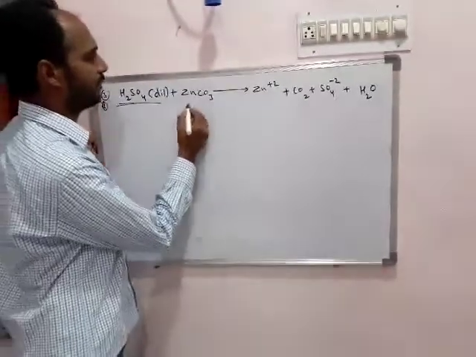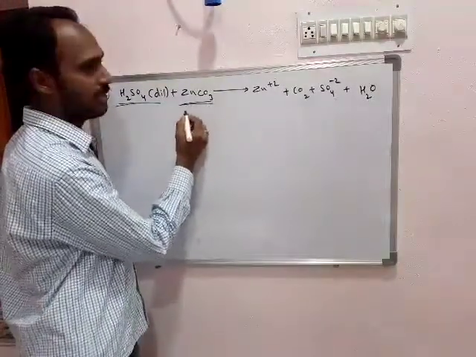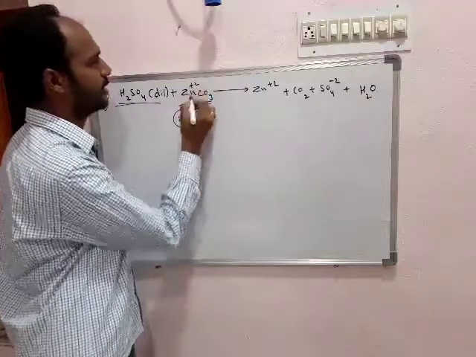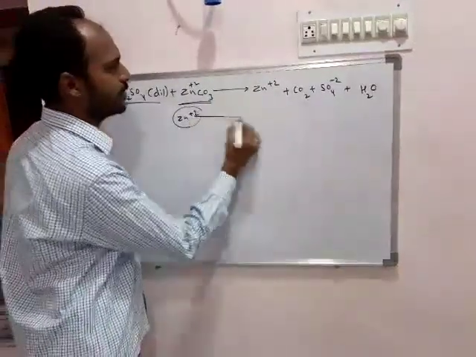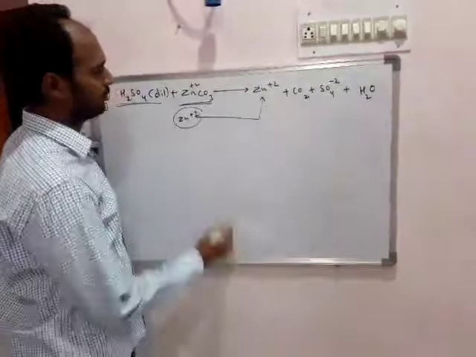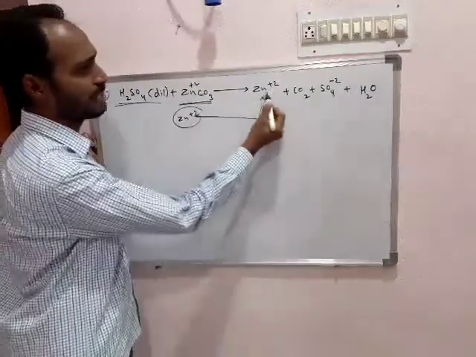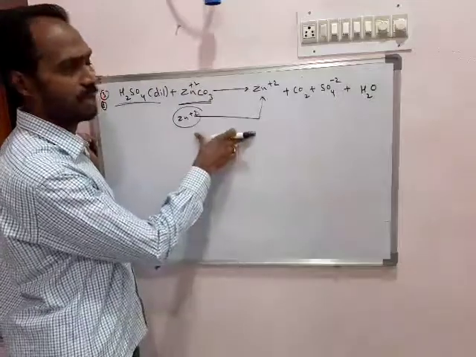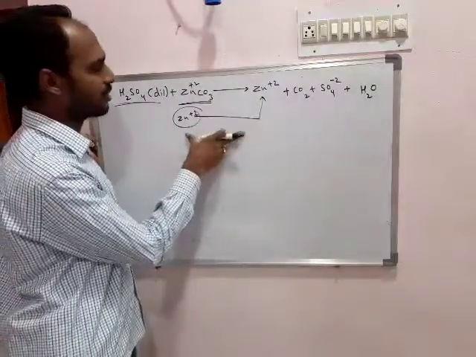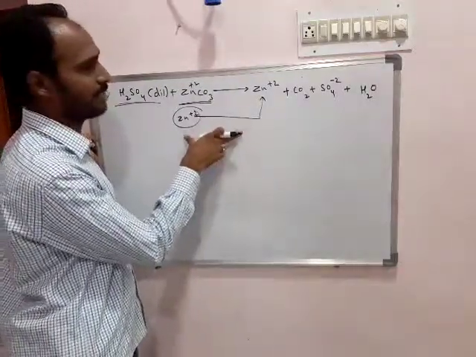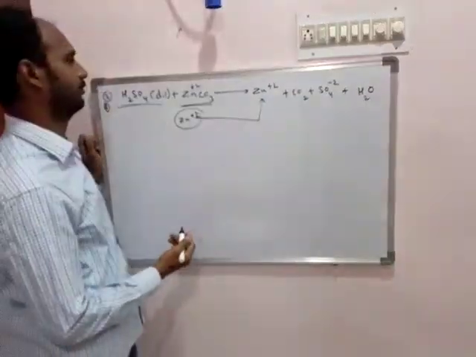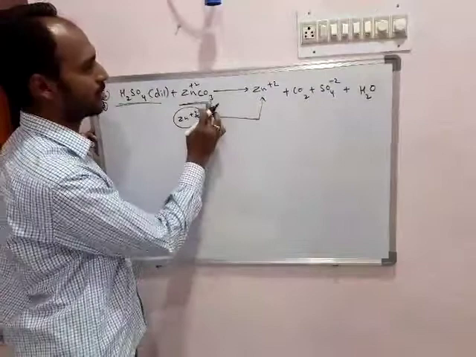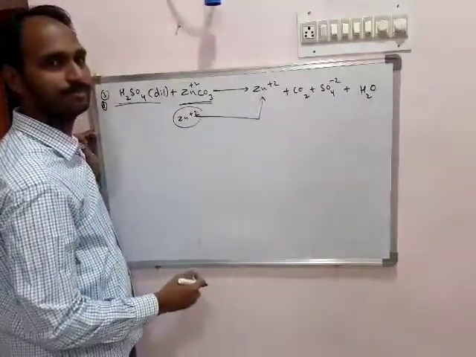If you compare the position of zinc, in the products also it is Zn plus 2. It means there is no change in the oxidation number of zinc, so no oxidation or reduction takes place in zinc. Even there is no change in the oxidation number of carbon and oxygen.